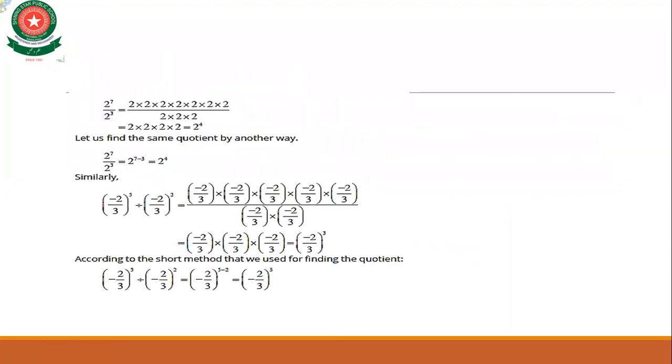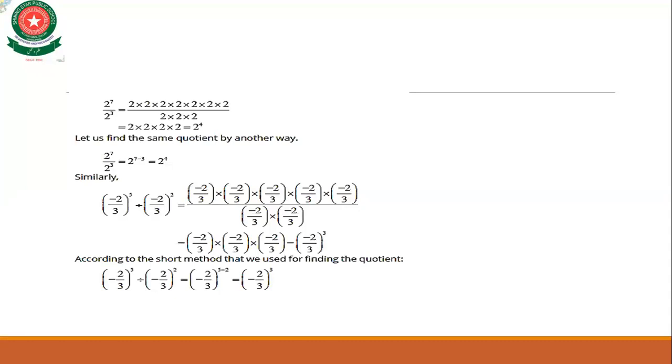So there is an example. You can see that 2 power 7 divided by 2 power 3. Here, first of all, we will simplify the expression. We know that 2 power 7 means we have to multiply 2 with itself 7 times, and in the denominator 2 power 3 means we have to multiply 2 with itself 3 times.